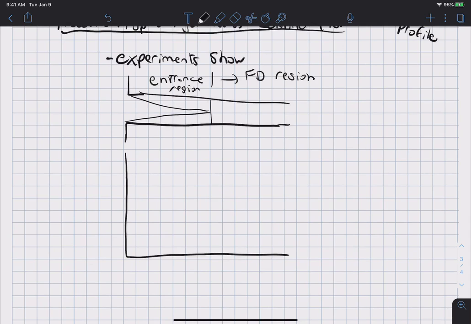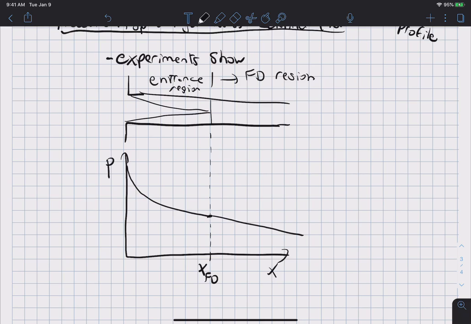You guys might do one of these in fluids lab. The x-axis is position and the y-axis is pressure, and it turns out that the pressure will look something like this. In the entrance region of the pipe it'll be nonlinear, but then after the entrance region it'll be a perfectly straight line in the fully developed region, and I'll just call this x_fd, which of course you could calculate using the relation that I discussed in the previous lecture.